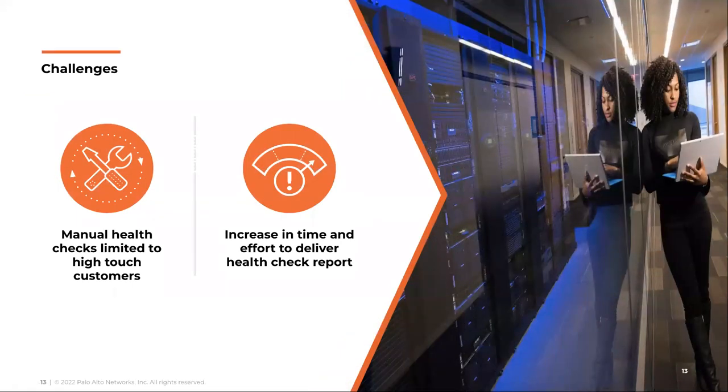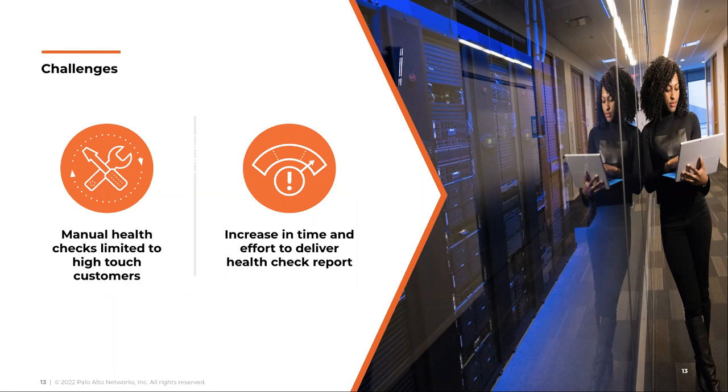Now, even though health checks really helped those handful of Prisma Access customers to look deep into the health of their Prisma Access, there were some challenges associated with it, right? These health check reports were done manually and were limited to a smaller number of customers, as I highlighted earlier. And the amount of time and effort that went into analyzing and going over multiple touch points with customers to create a health check report took weeks.